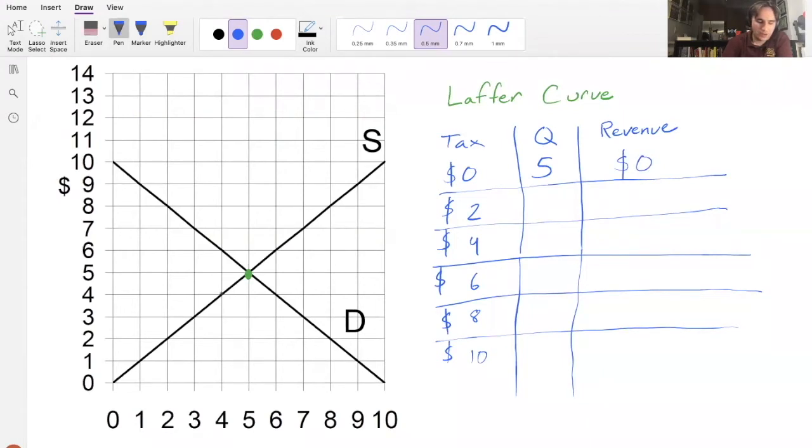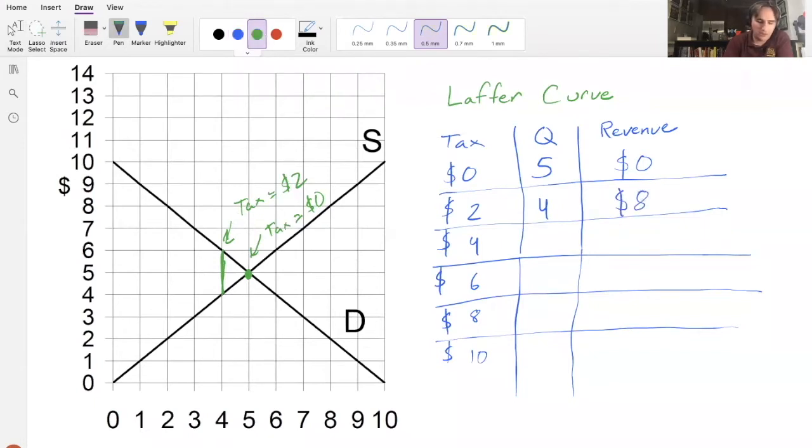The $2 tax would be here. At our $2 tax level, the quantity equals 4. Well, 2 times 4 means we get $8 in revenue.